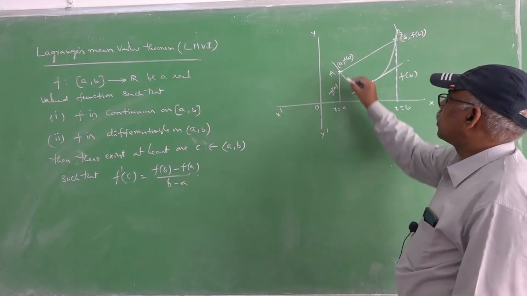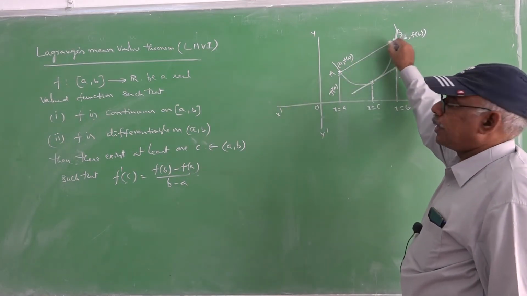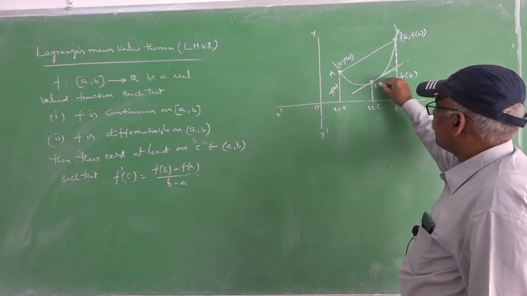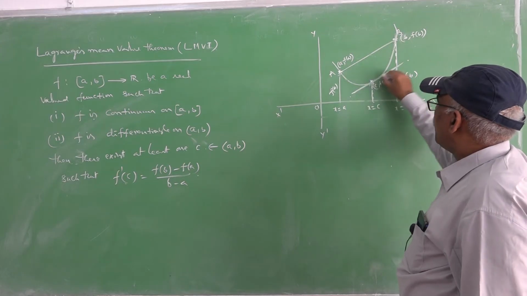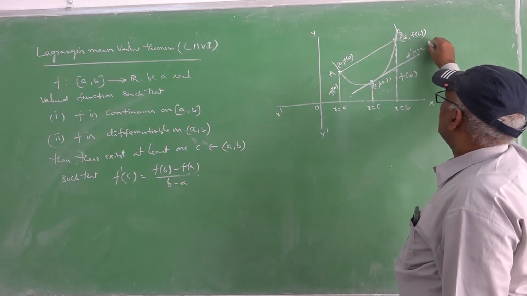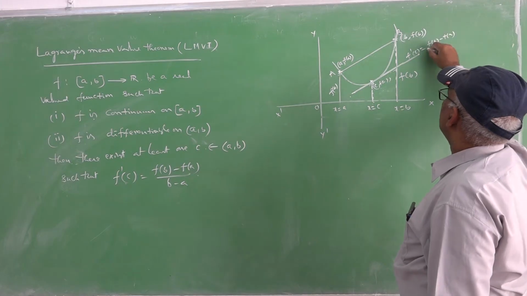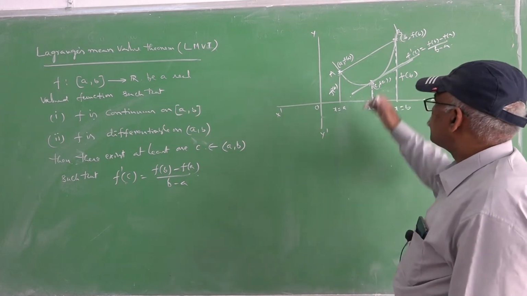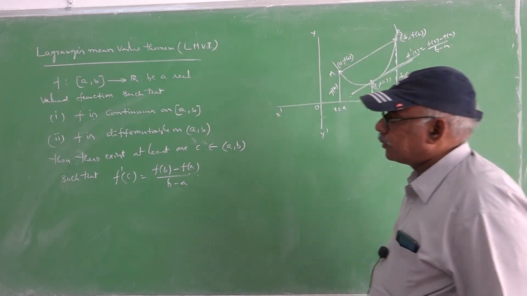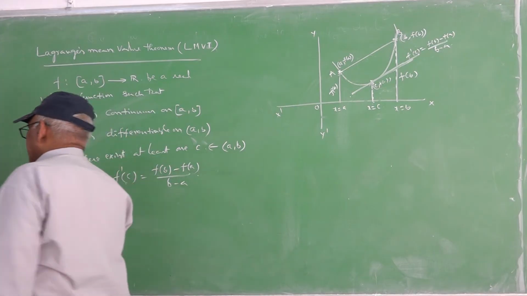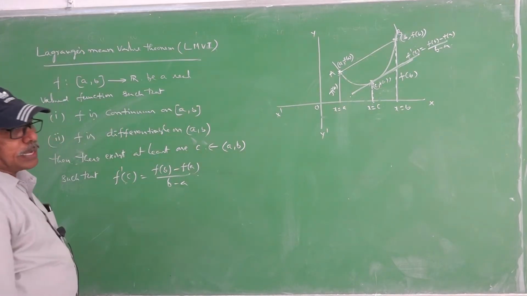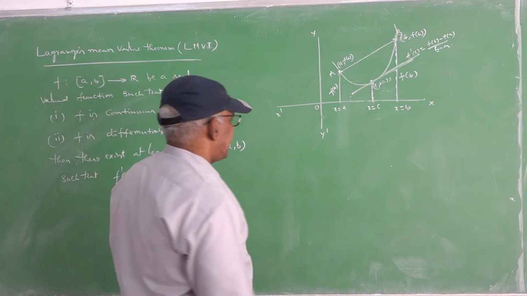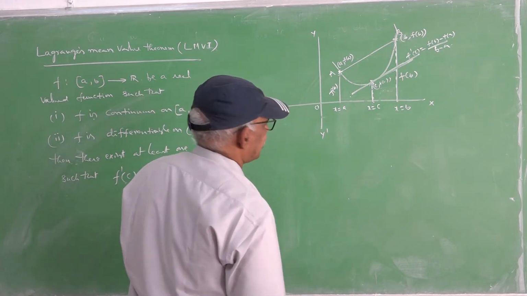This is the chord AB, parallel to this tangent. At this point (c, f(c)), f dash c is clearly (f(b) minus f(a)) by (b minus a). Since the slopes are equal, these two are parallel. Certainly a parallel tangent exists to the curve parallel to AB.